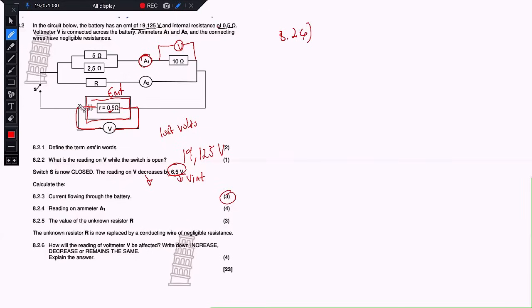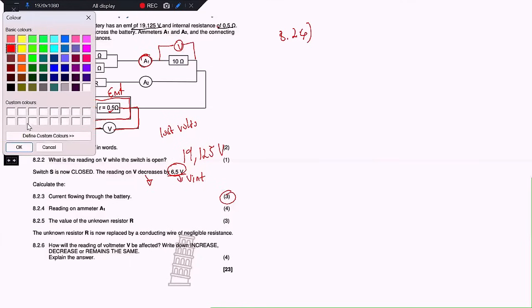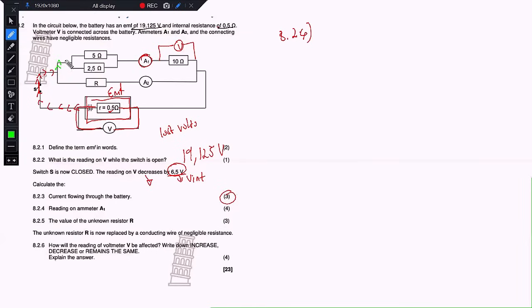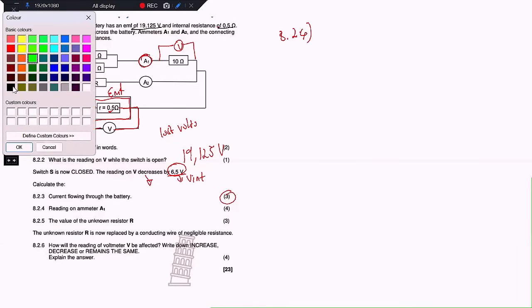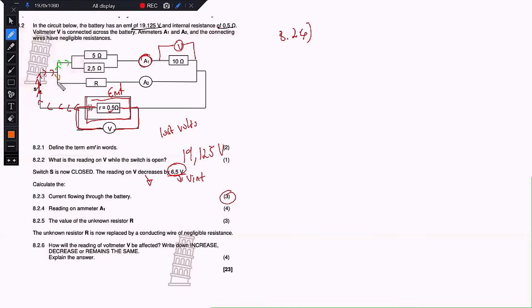let's first indicate the current flowing like this. This is the positive terminal. Note that this switch is now closed here. So the current is flowing like this, but when it reaches that point, that is now the parallel branch. So your current has to split here. Some current splits and goes that way. Some of the current splits and goes down here, and then flows through R, and we have A2 reading the current of R there, then goes like that.